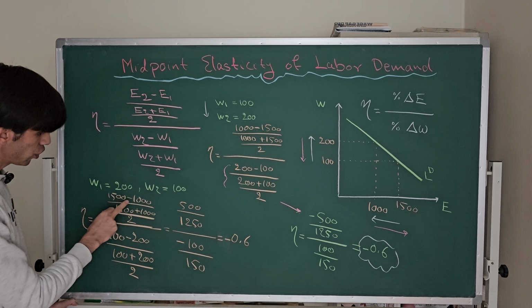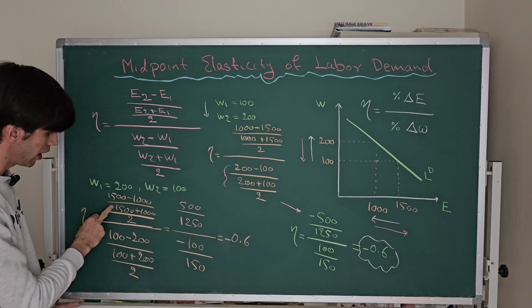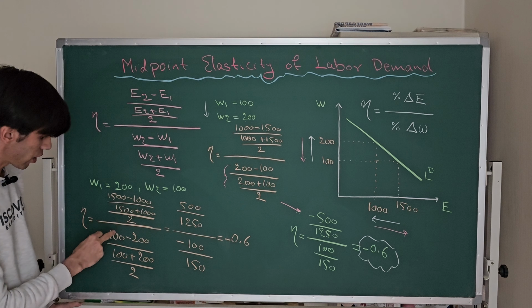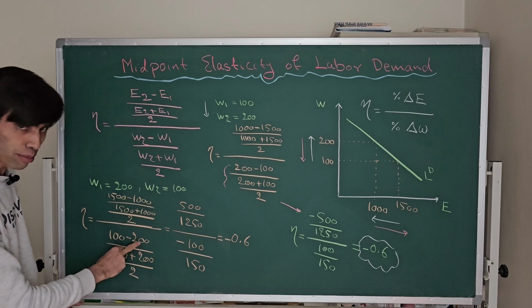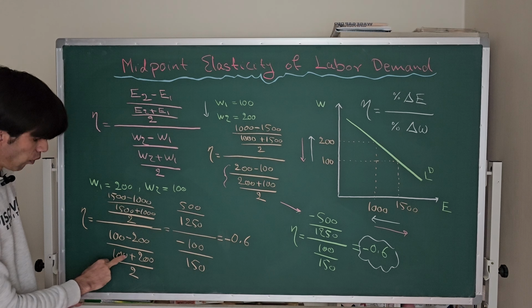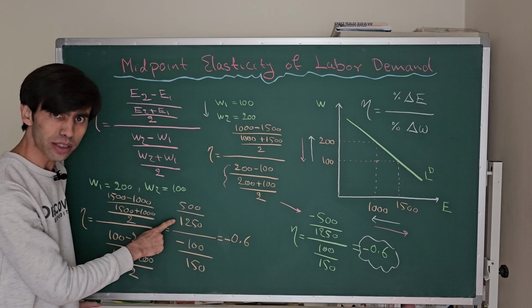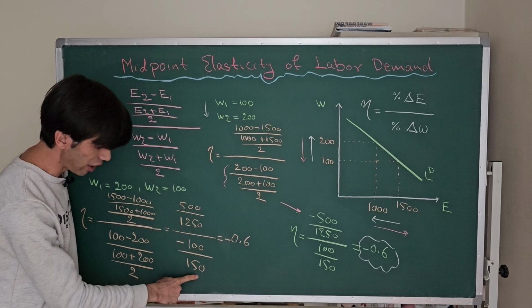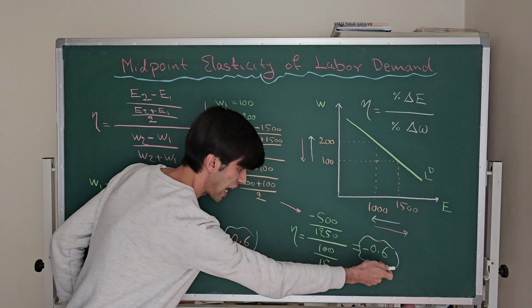Then W2 minus W1 becomes: E2 minus E1, 1,500 minus 1,000, divided by E2 plus E1 over 2, 1,500 plus 1,000 over 2. And for the wage, our initial wage rate is 200 and the new wage rate is 100: 100 minus 200 divided by 100 plus 200 over 2. So we'll have again 500 divided by 1,250 over minus 100 divided by 150.